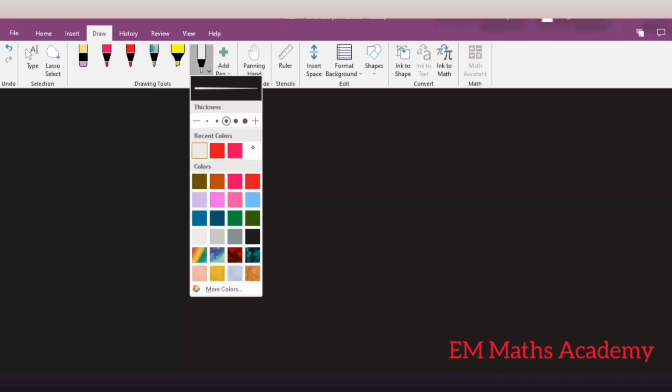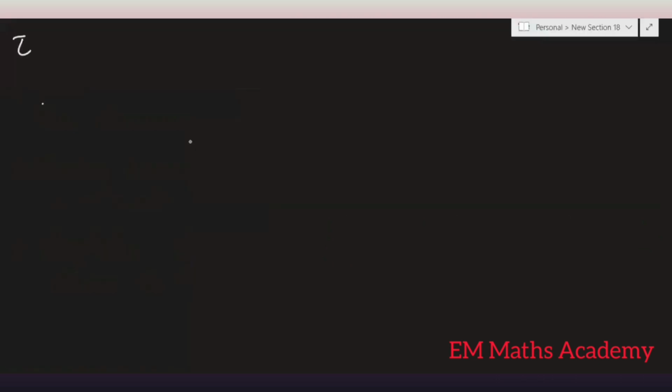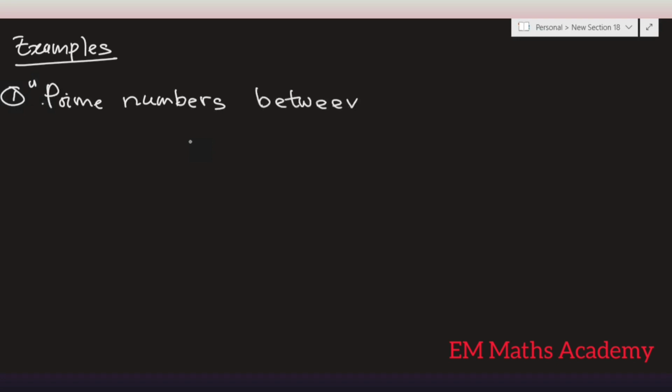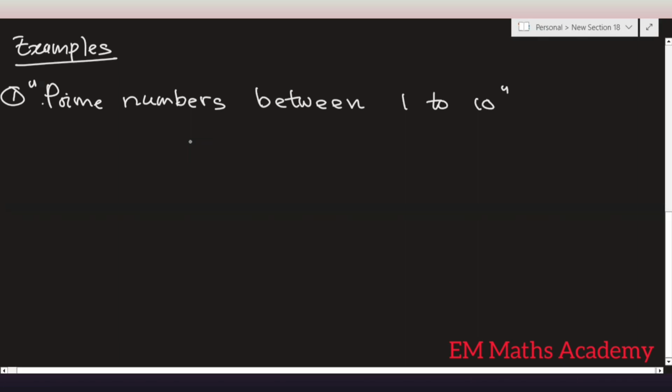For example, write down the first one: prime numbers between 1 to 10. What are the prime numbers between 1 to 10? It is 2, 3, 5, 7. Those are the prime numbers between 1 to 10.